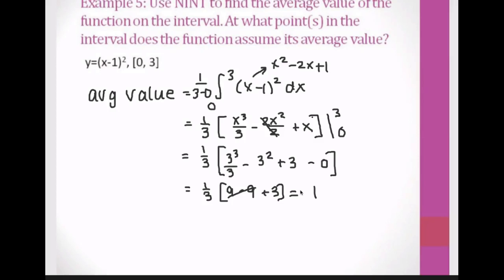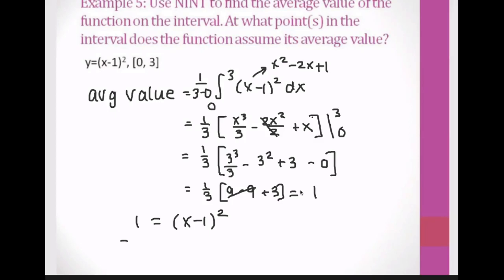Of 1. And then you set your average value equal to your function. And this is kind of like a completing the square problem. So what you're going to do is square root both sides. When you square root both sides, then what you have to do is make sure you don't lose out on the plus or minus for the square root of 1.